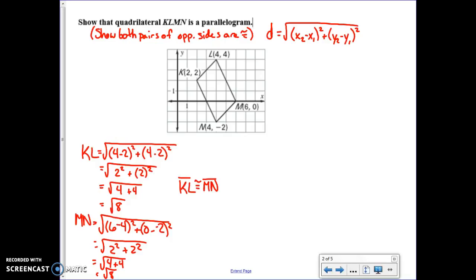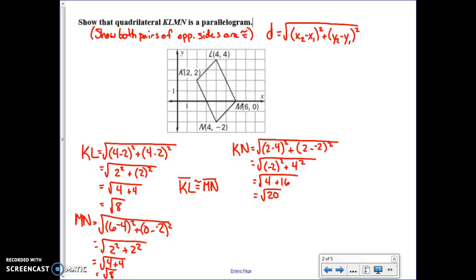So we're going to look at KN this time. So if I'm subtracting the x values, I have 2 minus 4, quantity squared, plus 2 minus a negative 2, quantity squared. So 2 minus 4 gives me negative 2 squared, and then 2 minus a negative 2 gives me 4 squared. So negative 2 squared is 4, 4 squared is 16. I get the square root of 20. Let's see if we get that same thing when we do LM.